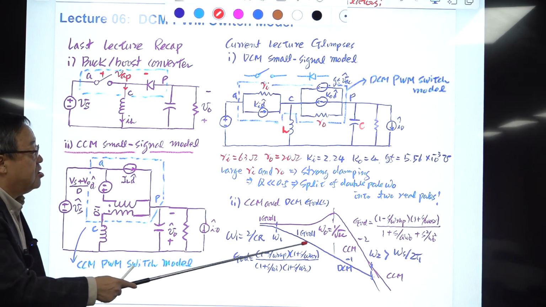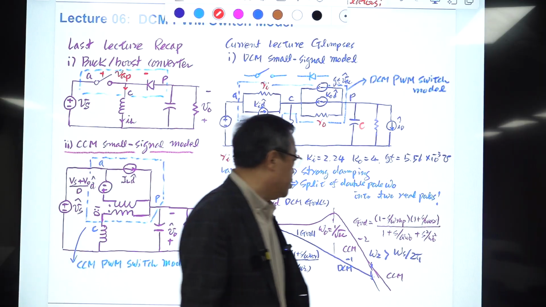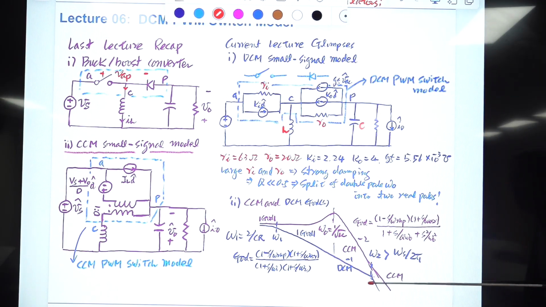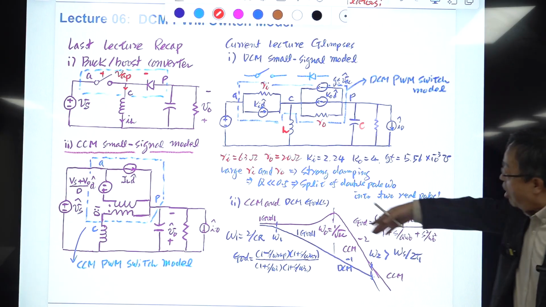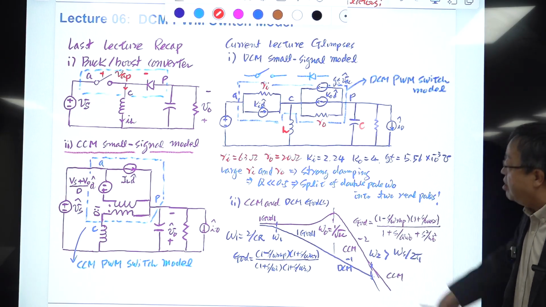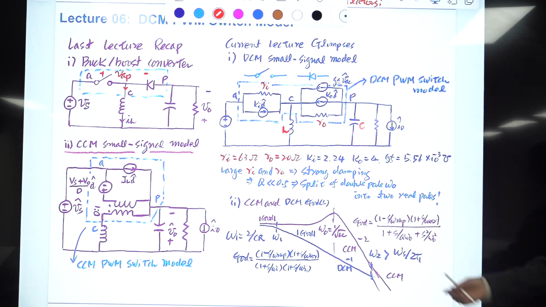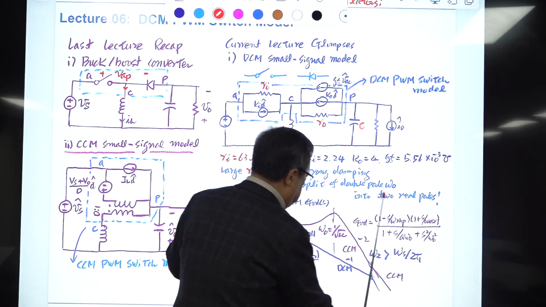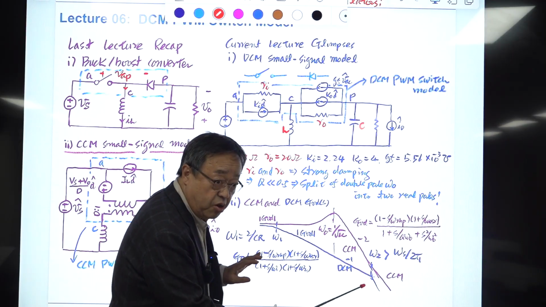Okay. And the other pole moves to the higher frequencies, and the exact location of this is very complicated, but usually this frequency is larger than this frequency. This is the half switching frequency. So usually it goes out of the picture to the higher frequencies. So then you are interested in the low frequency and the mid frequency. This is the first order system.